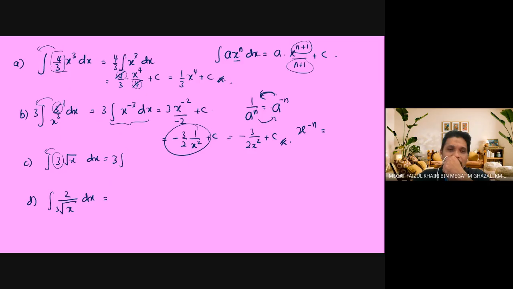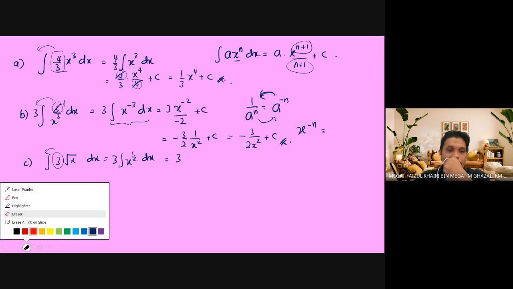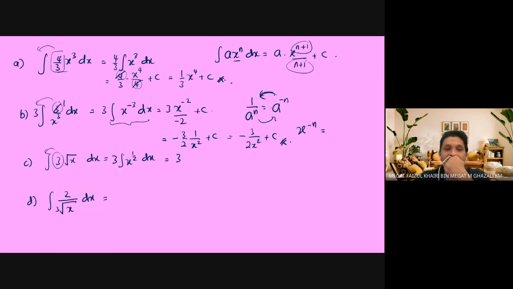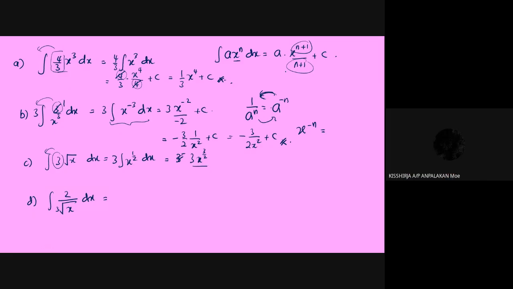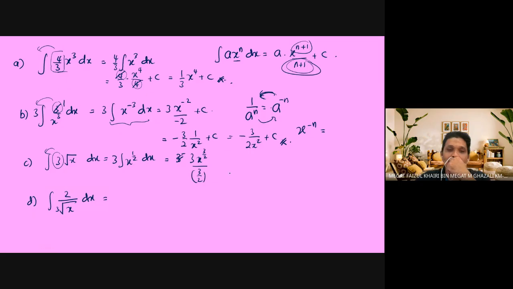So 3x to the power of 1 over 2 dx equals 3x to the power of 3 over 2, over 3 over 2, plus C.